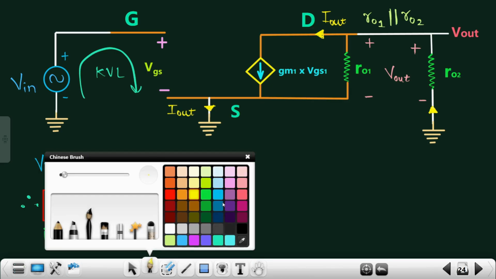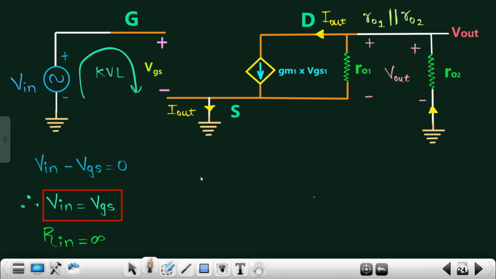Okay, so what will be my V out? Let me show it to you this way. My V out is equivalent to I out times R out. What is my I out?